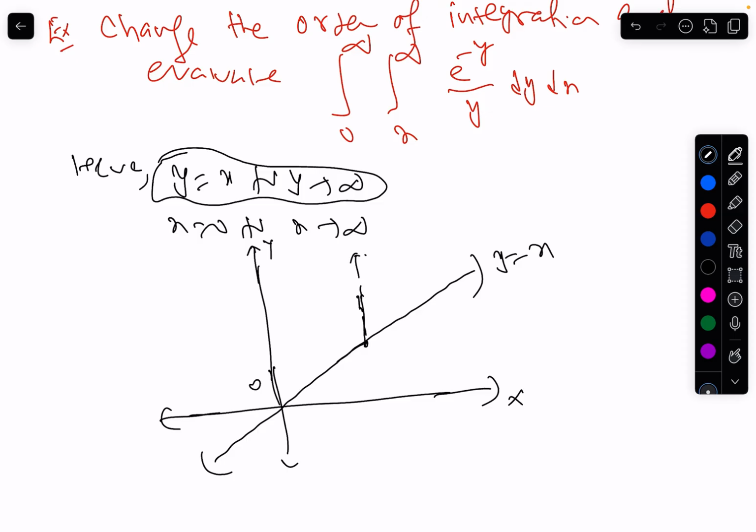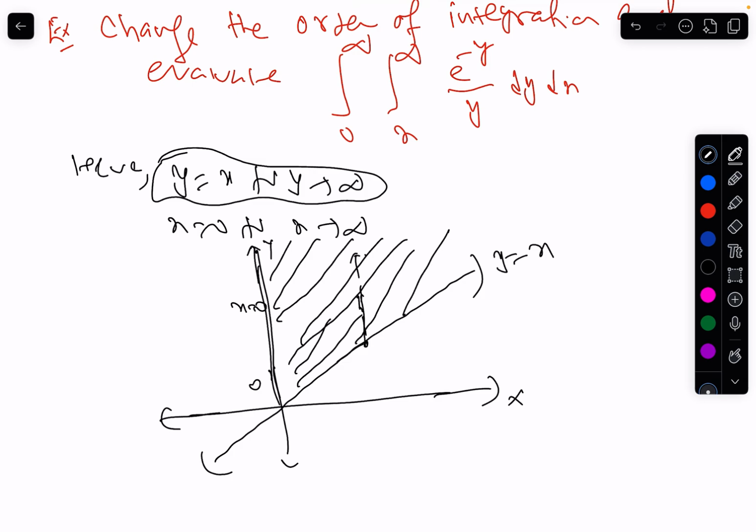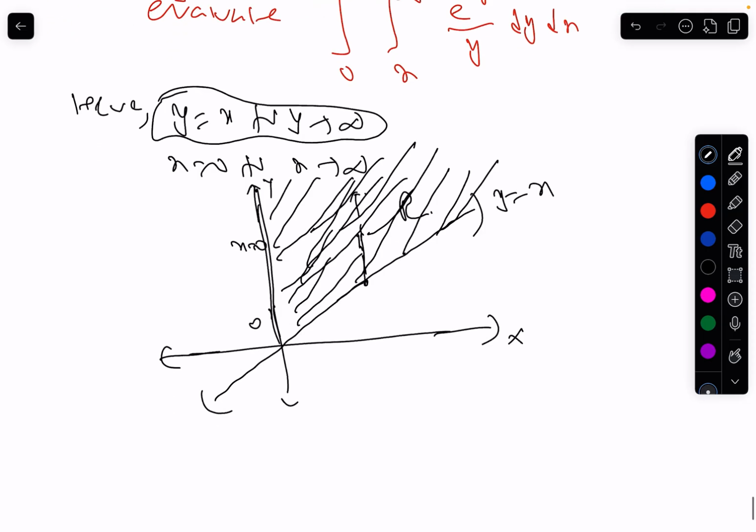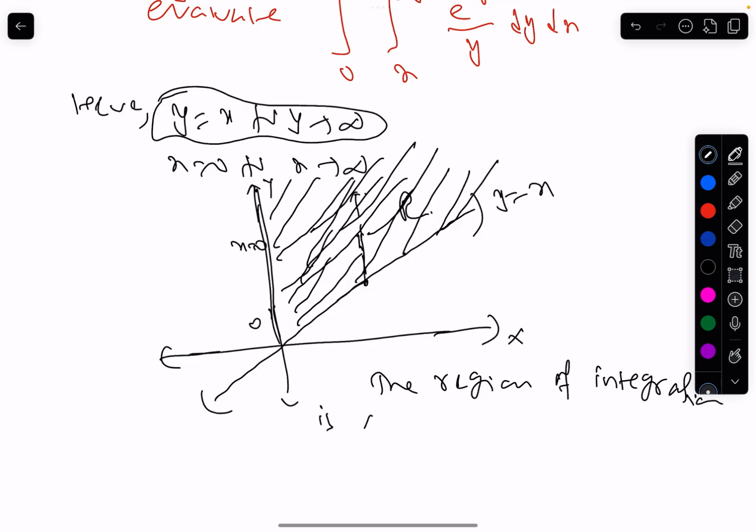And x is 0 here to indefinitely. So this is the region of integration, as shown in the figure.